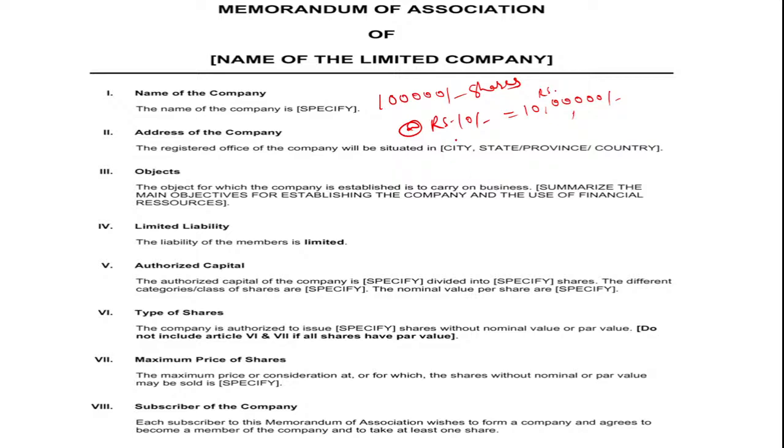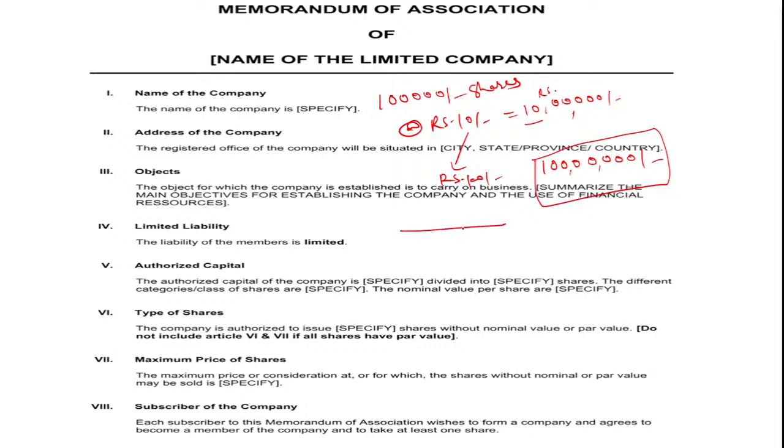But if investors are ready to buy each share at 100 rupees, the company will not get 10 lakh rupees. The company will actually get 1 crore rupees, meaning 100 lakh rupees. So how much will the company get? 100 lakh rupees. So how will the company account for this in the balance sheet?